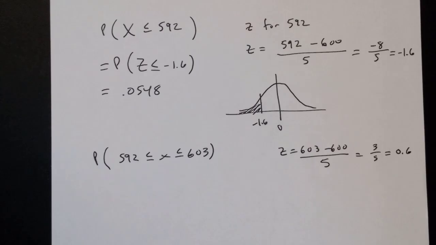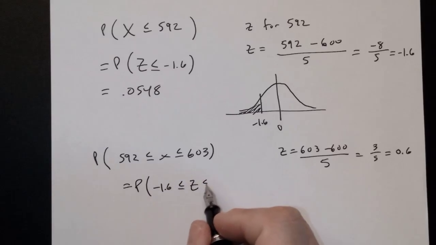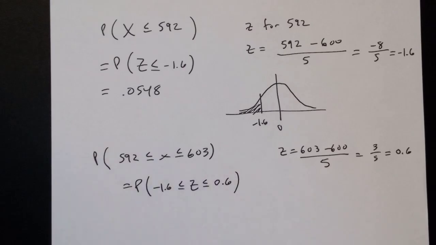So now I know that in the standard normal, this is the same as saying z needs to be between negative 1.6 and 0.6.